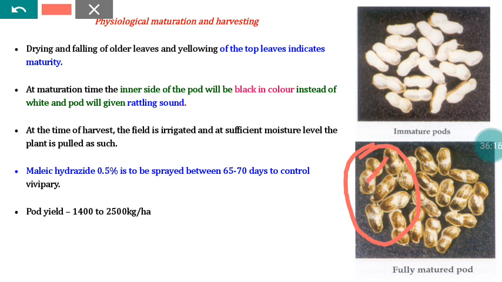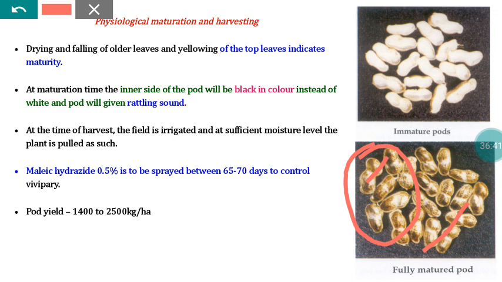If it is immature, normally it is white in color. So this is an inner side view of the fully matured pod. And also if you shake the pod, you can hear a rattling sound, the kernel movement. So those are the internal maturity symptoms.